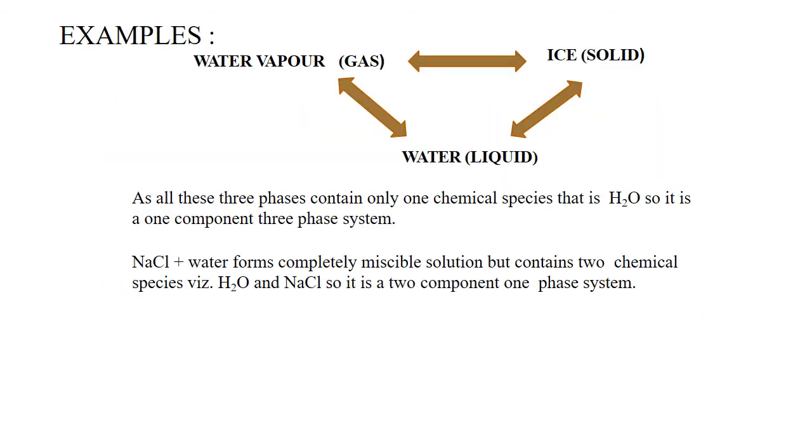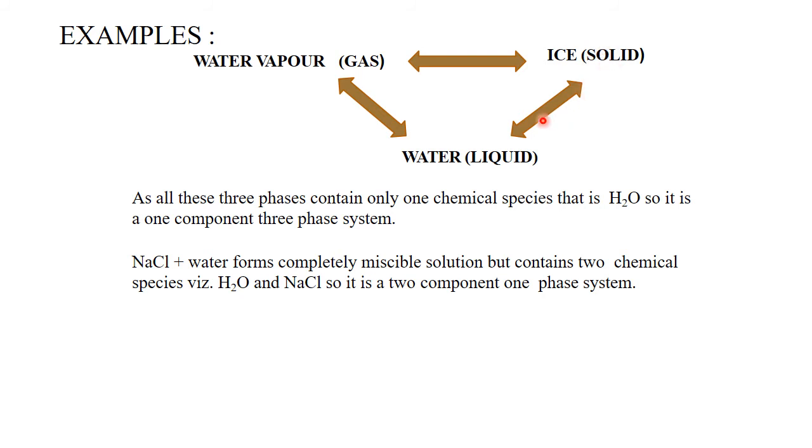Example, see this one. Water vapor, it's a gaseous phase. Ice, solid, it's a solid phase of the water. Water liquid, it's a liquid phase of the water. In these three phases, the same chemical species is present, which is water.